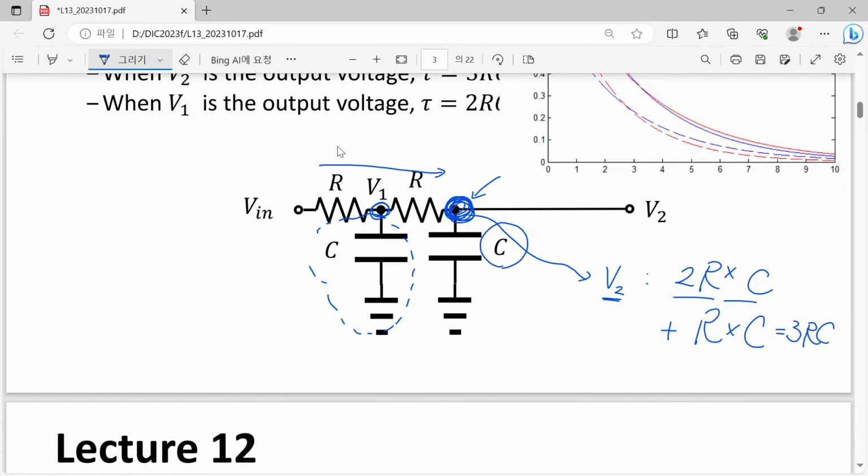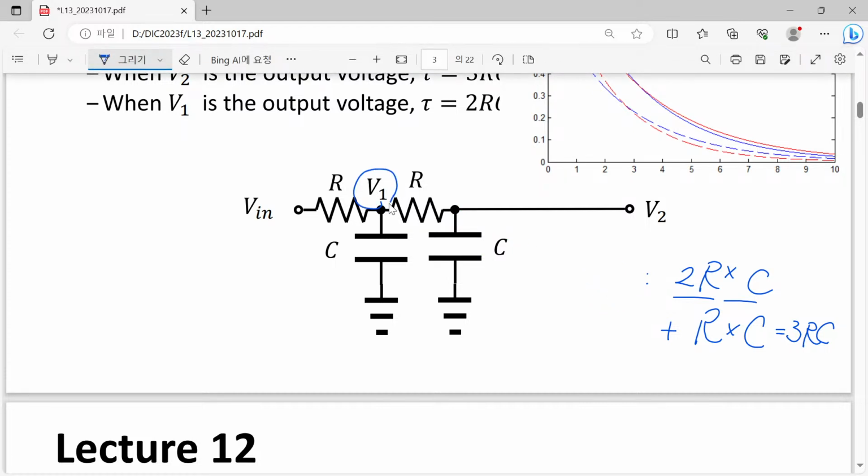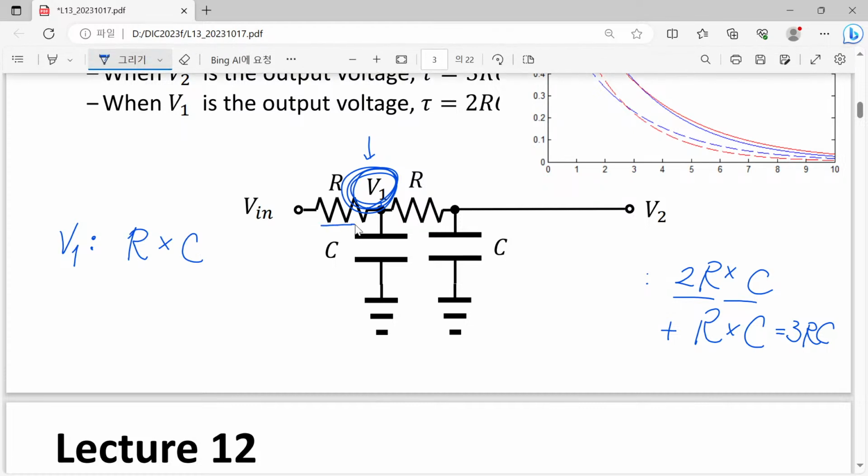But there was another thing we have to keep in mind. In the previous lecture, there was a question about what happens if we work with this V1 node. If we consider V1 as an output node, then obviously R times C will be the time constant related with this V1 node.